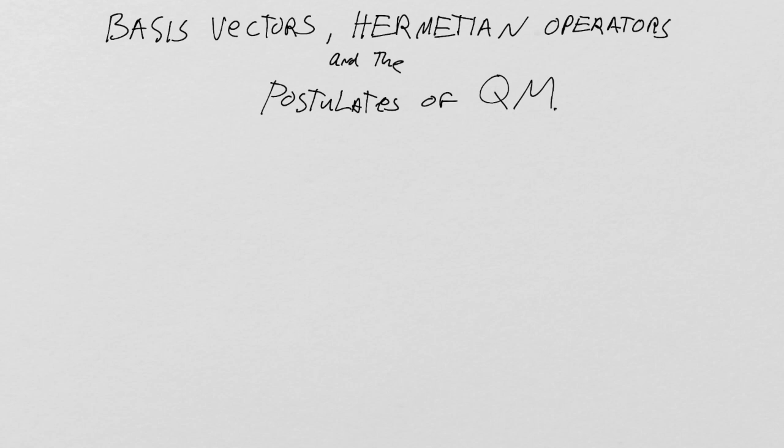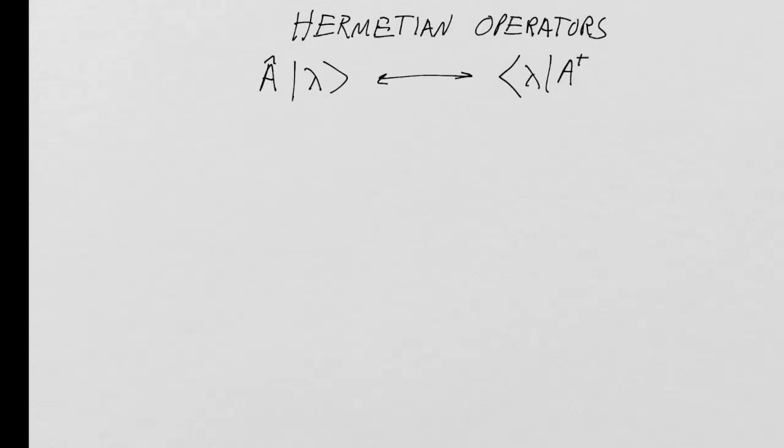Okay, so let's begin. Let's quickly dispense with Hermitian operators, right? Because we know that any operator acting on a state that we're going to label with lambda is dual to the Hermitian adjoint acting on the bra lambda. That is the definition of the Hermitian adjoint, right?